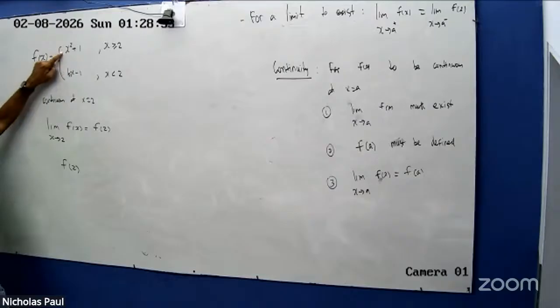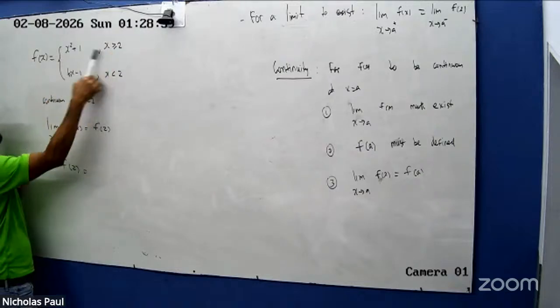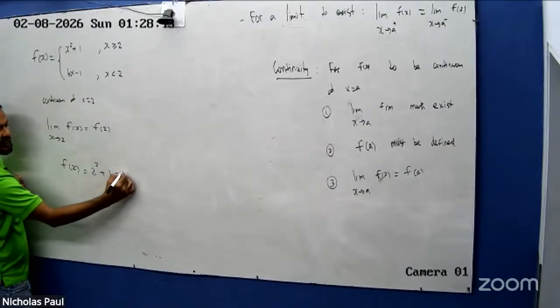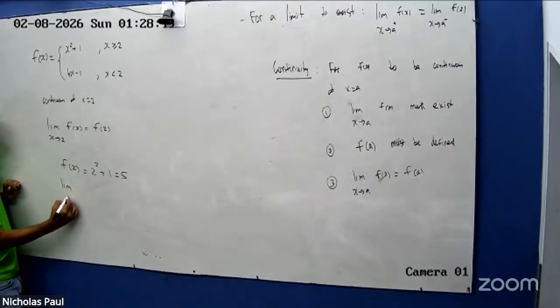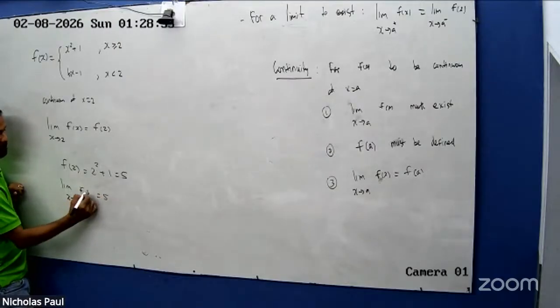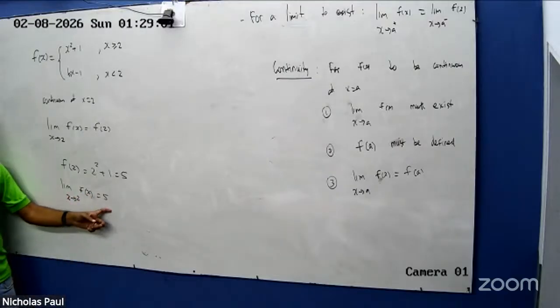First one or second one? Because 2 is defined here, right? So f of 2 will be 2 squared plus 1, which is 5. So the limit of f of x as x approaches 2 is 5.